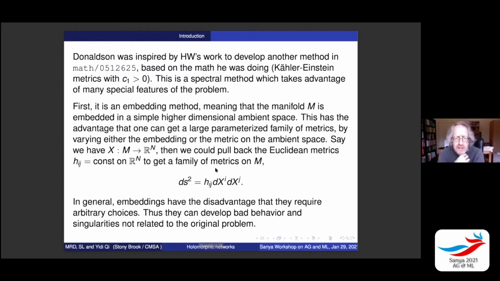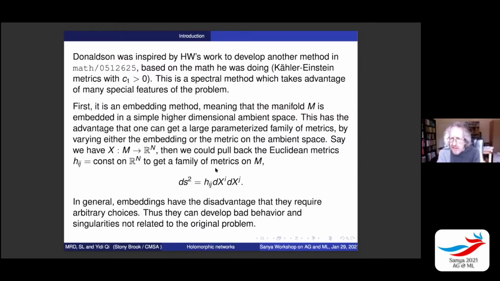Okay, so then Donaldson obviously came from a more mathematical point of view and proposed an embedding method, which was closely akin to the work he was doing at the time on Kähler-Einstein metrics. Embedding methods are not as popular in the general PDE field, but certainly not unknown.